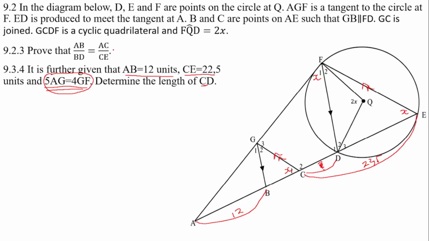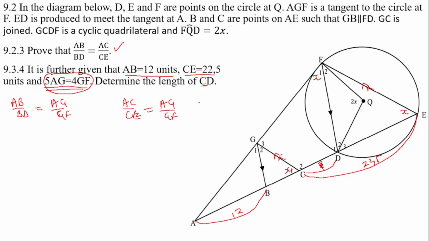Remember, we just managed to find that AB over BD is equal to AC over CE. But we have this 5AG is equal to 4GF. Remember, we said that AB over BD is equal to AG over GF, because of a line parallel to one side of the triangle. And then we also said AC over CE is equal to AG over GF.